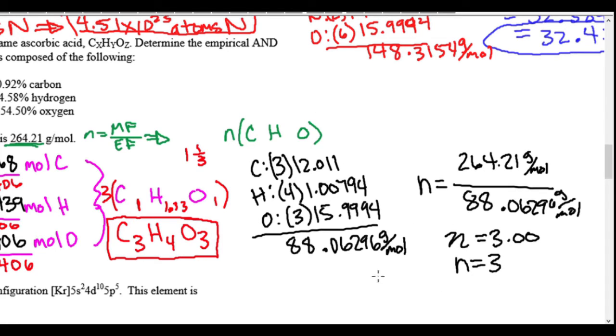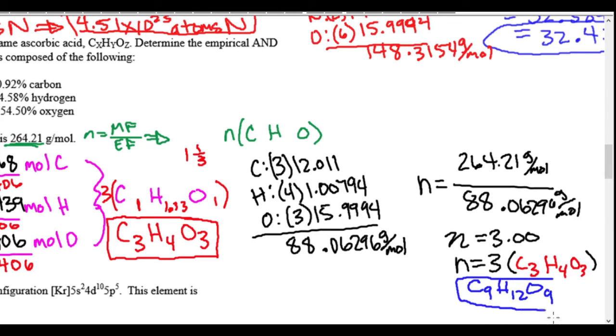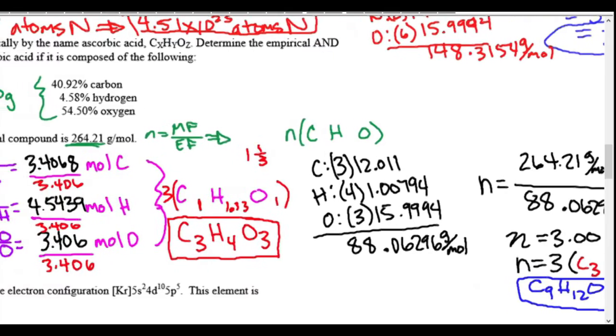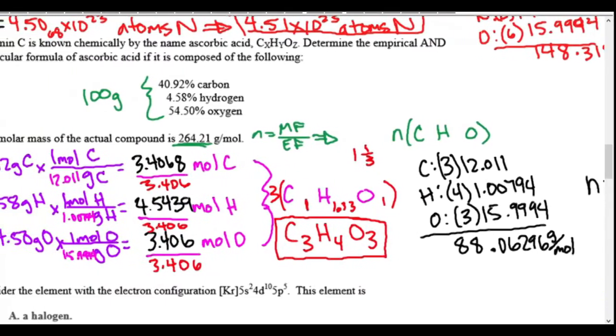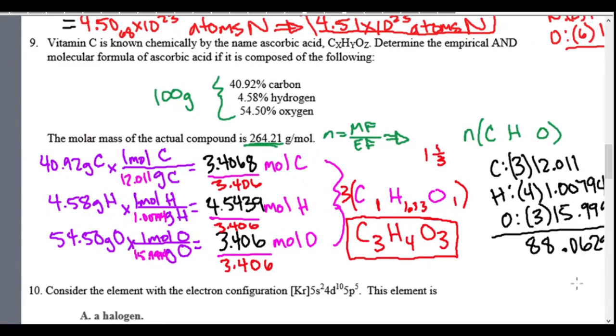Now if we take 3 times our empirical formula, C3H4O3, that is going to give us our molecular formula of C9H12O9. That would be our molecular formula. There you go, so there's those two. The answers would be C3H4O3 and C9H12O9.